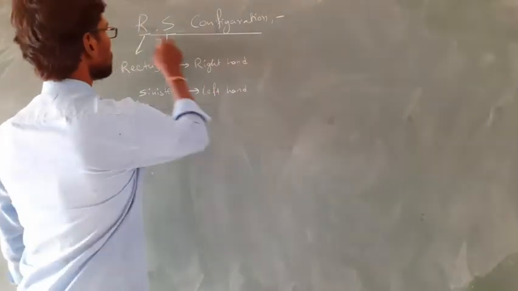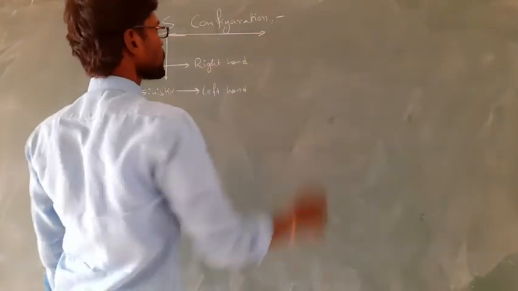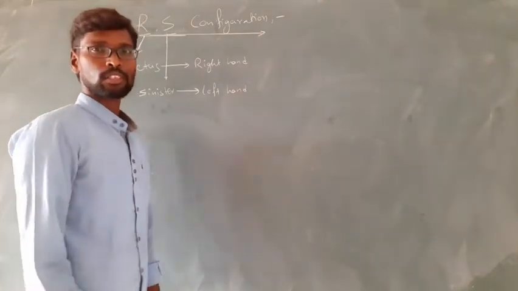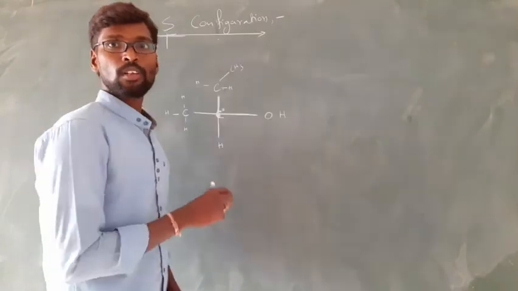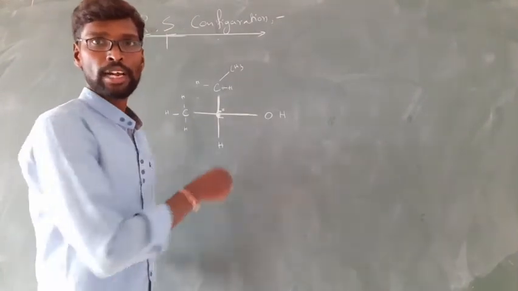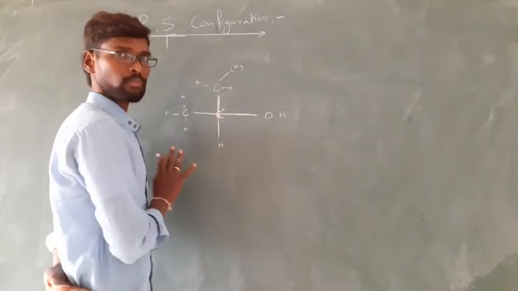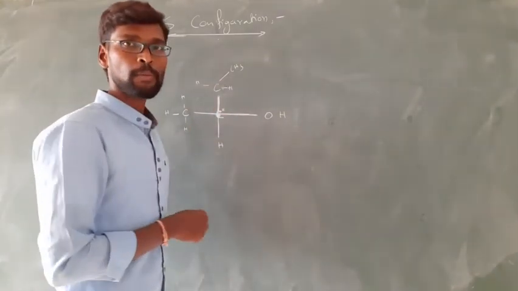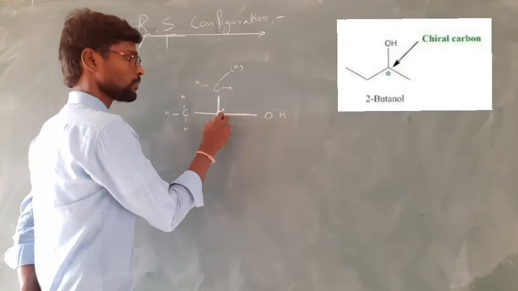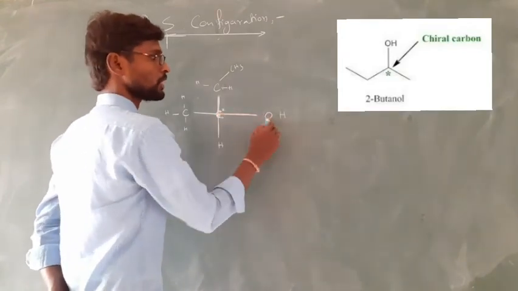This is actually a configuration, and it has some rules. So we will discuss with the example. Here I am taking a chiral center molecule, an asymmetric molecule, and this is the chiral center. On this carbon we have four different groups.